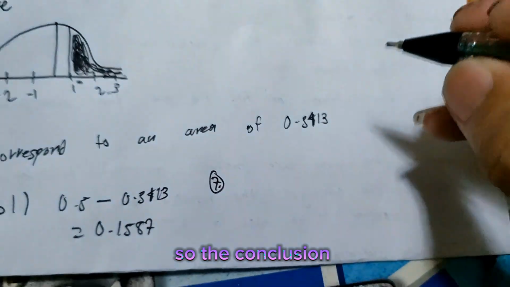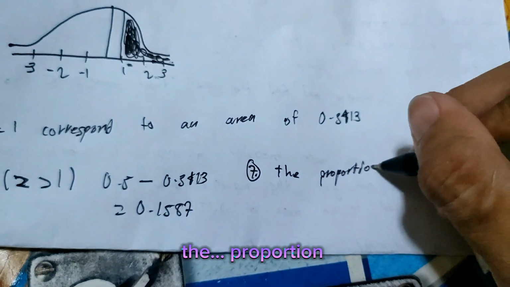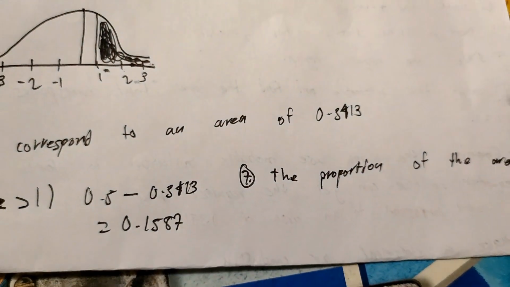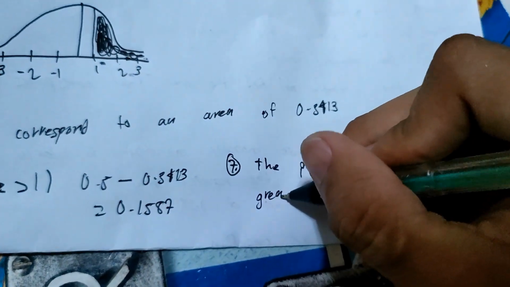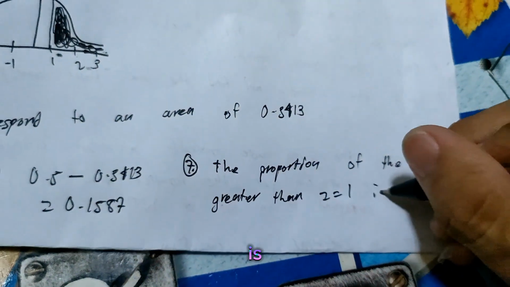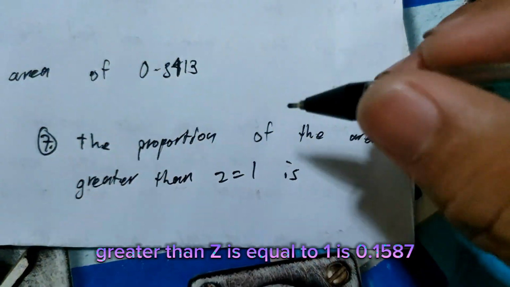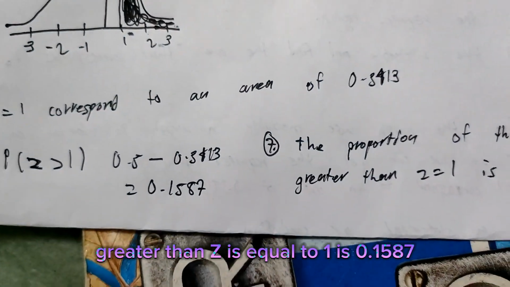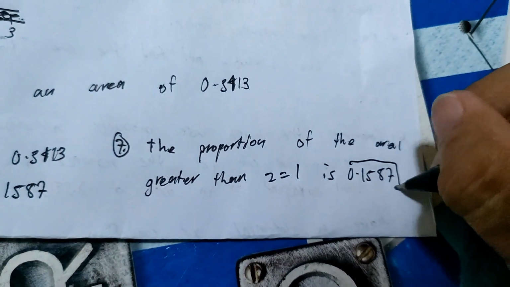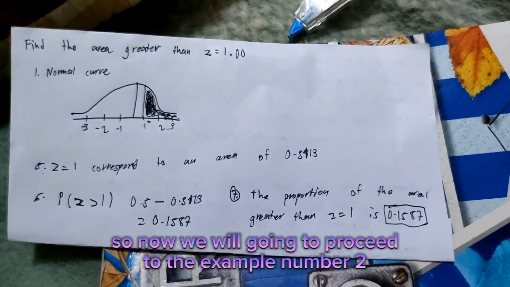So the conclusion is the proportion of the area greater than Z equals 1 is the answer that we found here: 0.1587. So that's it.